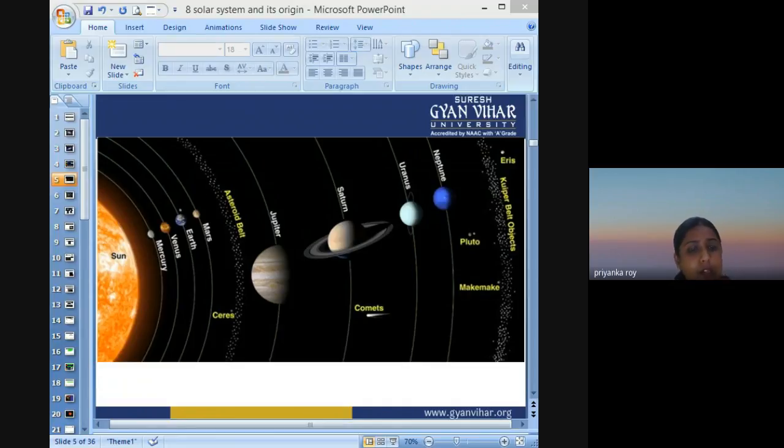Now, there are many moons, that is, satellites revolving around the planets of the solar system, and millions of asteroids, comets and meteoroids are part of the solar system. Beyond our own solar system, there are many more planets and stars in the universe.